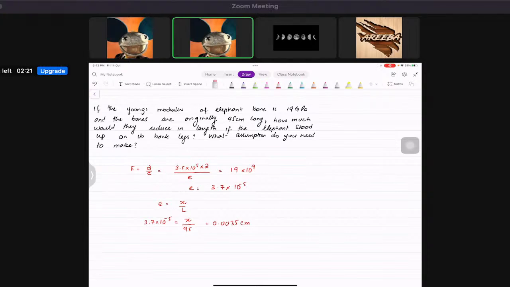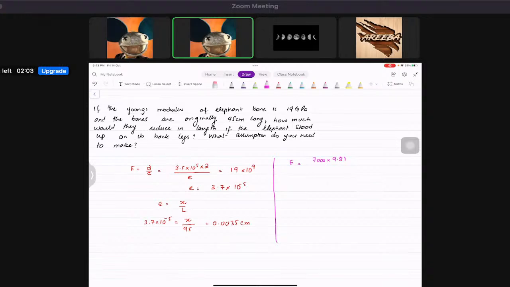Wait, let me check it this way on the side. He's standing with 7 tons as his weight, and then mass times 9.81, that is the total weight.